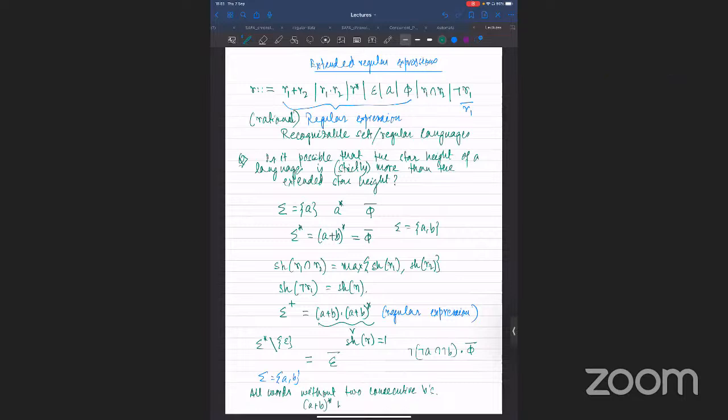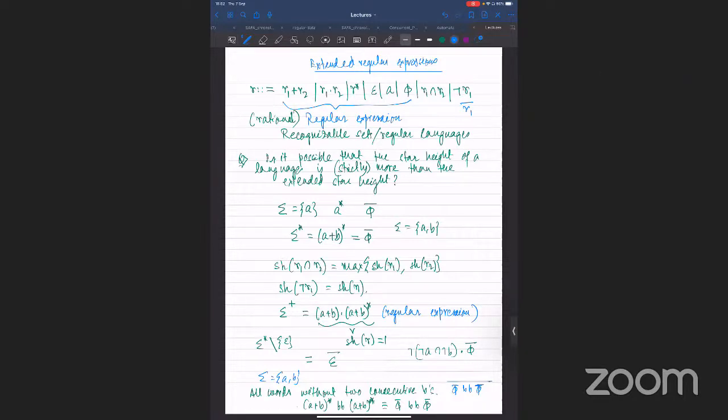This is equivalent to phi bar, BB, phi bar. And this is words which have two consecutive Bs. So for words without two consecutive Bs, you put another complement on it: the complement of phi bar BB phi bar. Clear?